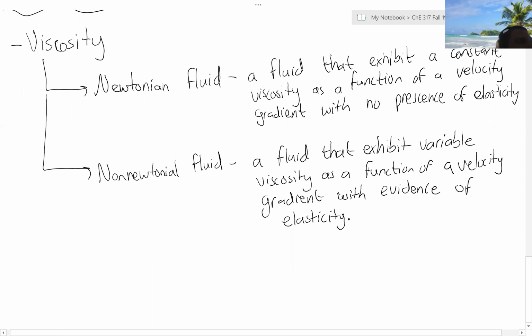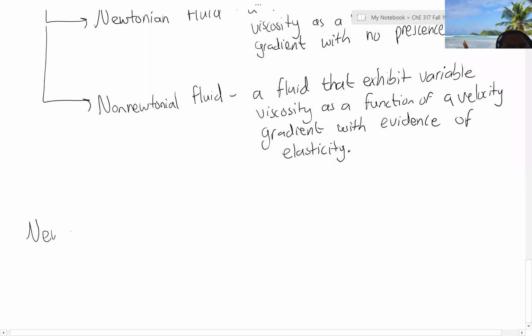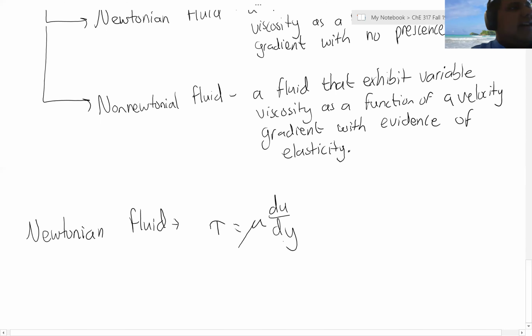So let's look at it this way. When we're looking at a Newtonian fluid, we can describe its behavior in terms of shear stress exerted as a function of both its viscosity as well as the velocity gradient that it's subject to under flow.